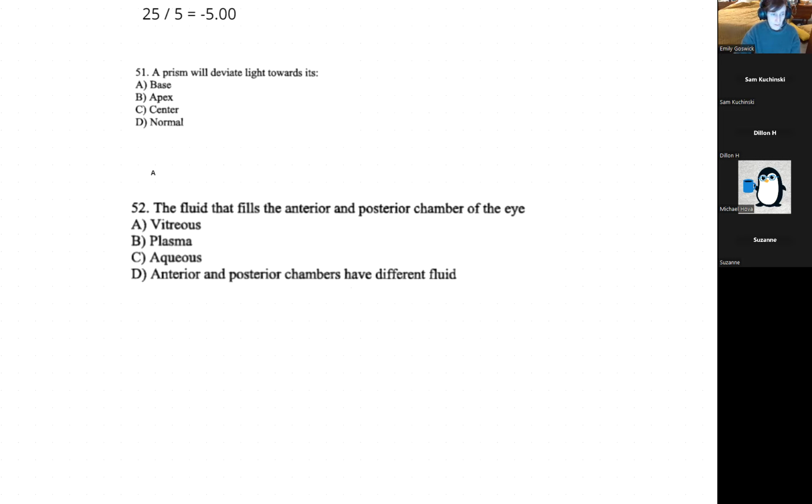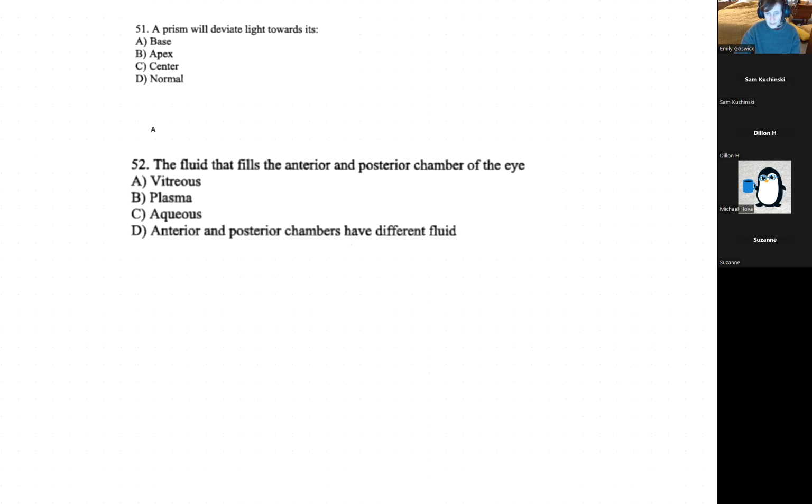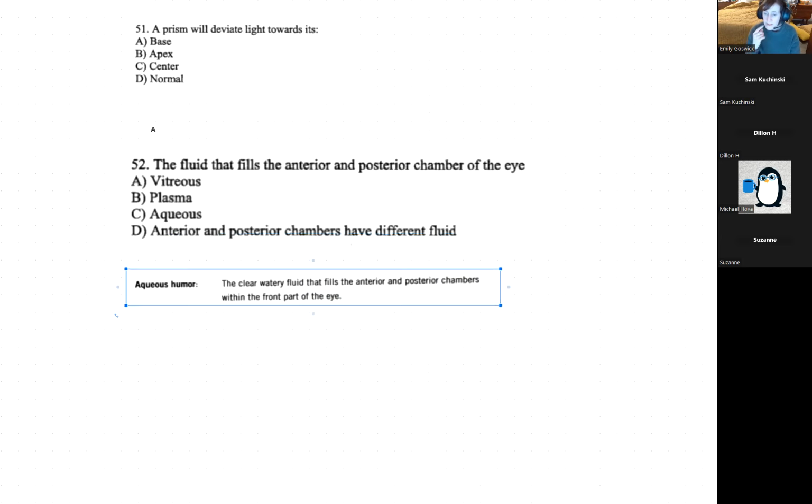I have a picture that I'm going to put up in a second, but this is from our reading that we did early on, talks about the aqueous humor, and it says the clear watery fluid that fills the anterior and posterior chambers within the front part of the eye. Okay, so basically it's going to be C, the aqueous, and let me just show you.